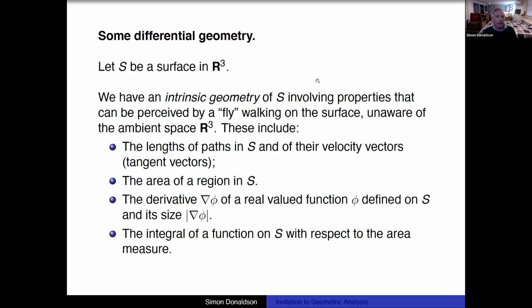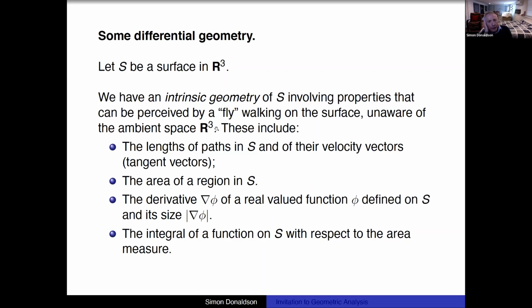So let's now have an interlude in which we talk about some basic differential geometry, beginning with the classical situation of a surface in R3. We distinguish two different kinds of questions, one involving what we might call the intrinsic geometry of the surface. This involves properties that could be perceived by a fly. You think of a fly walking around on the surface, but who has no knowledge of the ambient space, the three-dimensional space in which the surface sits.